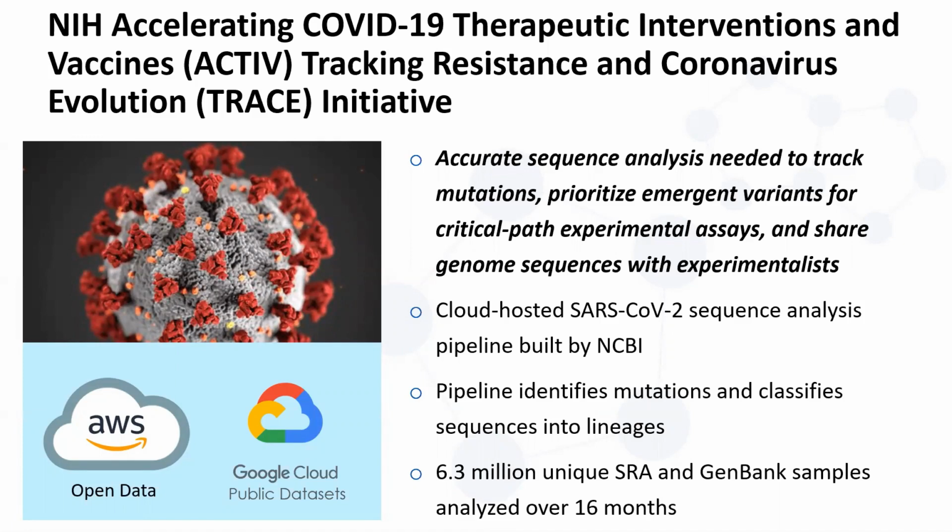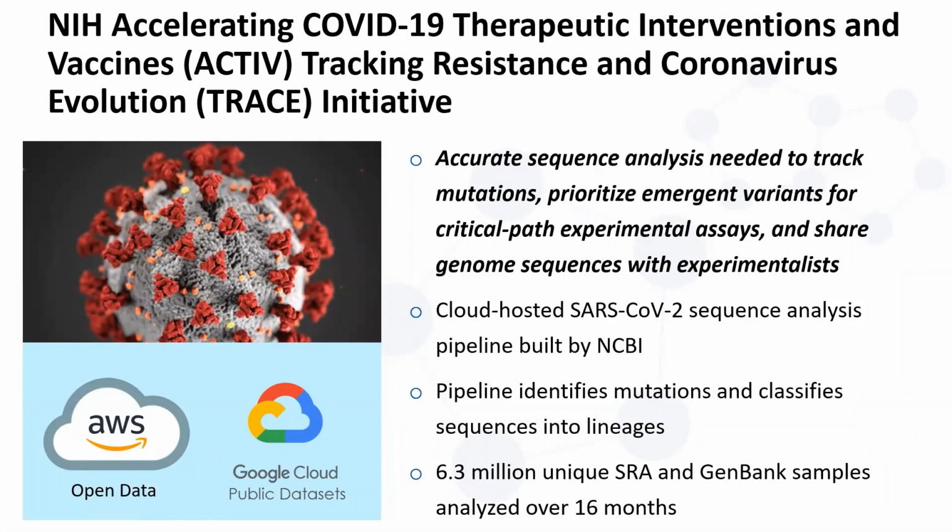Our primary goal as part of this collaboration was to support accurate sequence analyses needed to track the mutations and prioritize emerging variants that may not bind well to antibodies or which may not be as treatable through the therapeutics that we have available. So once identified computationally, those variants can be studied in wet bench experiments, and we can promote sharing of the genome sequences with researchers and with public health groups.